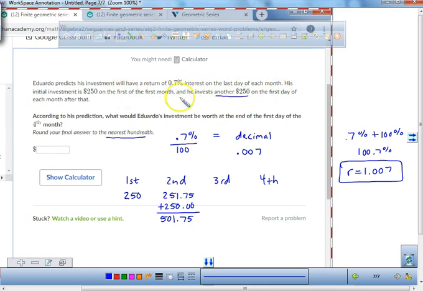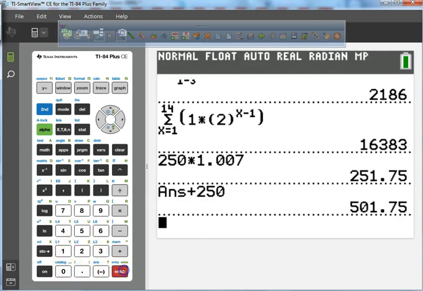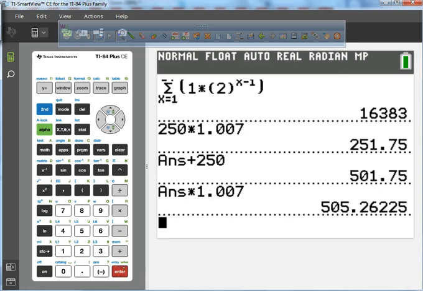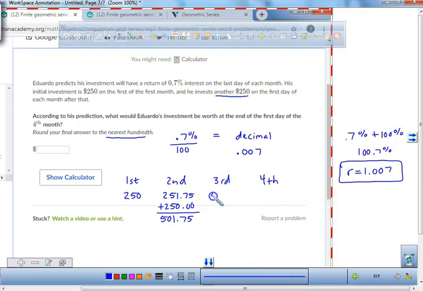Then what does he do on the very first month? He adds another 250. And then what are we going to multiply that by? 1.007. And now what's he up to? 505.26225. I'm going to write that down. 505.26225.